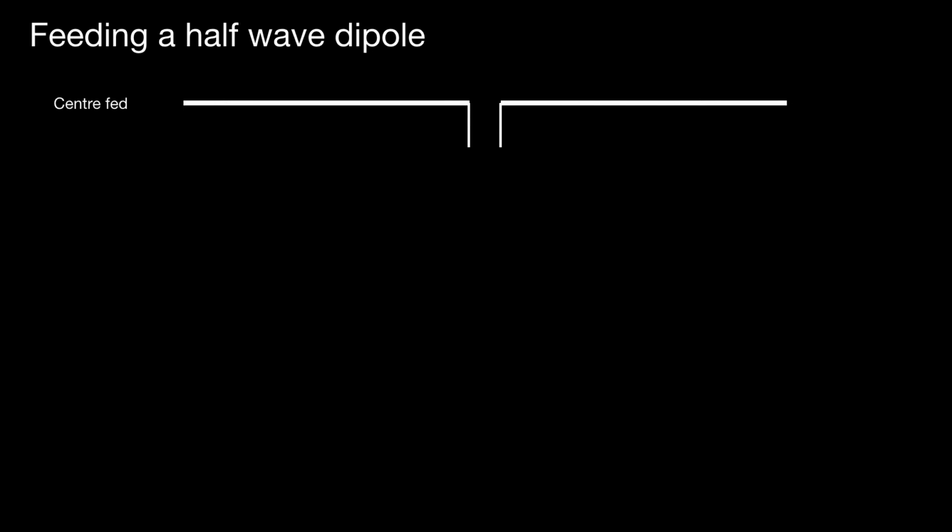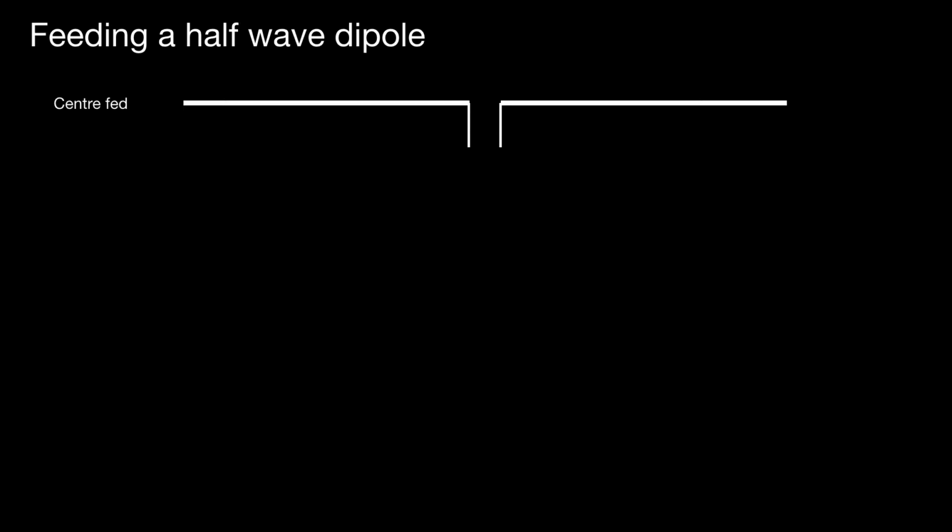So we center feed it. We think that the impedance is going to be quite low, somewhere around 73 or 75 ohms or something of that order. That may not be suitable for us, although we have 75 ohm coax.